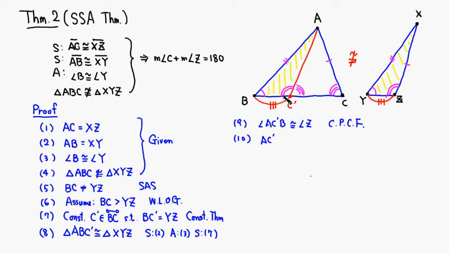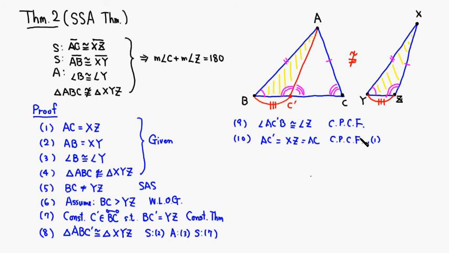Remember that XZ is congruent to AC. So this is by, again, corresponding parts of congruent figures. And also I combined AC, so number 1.